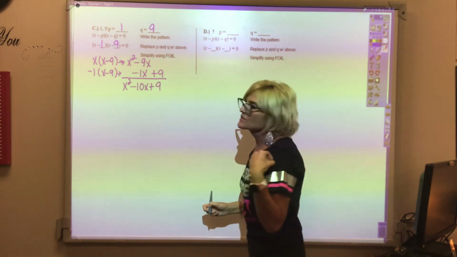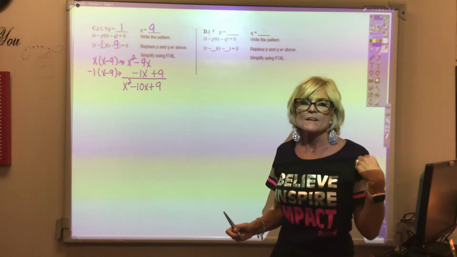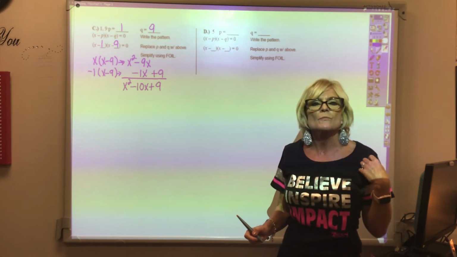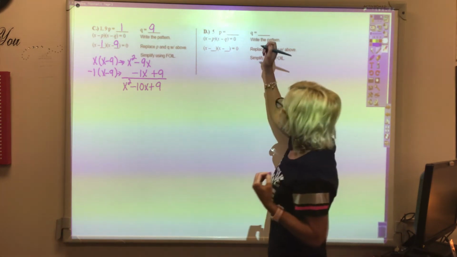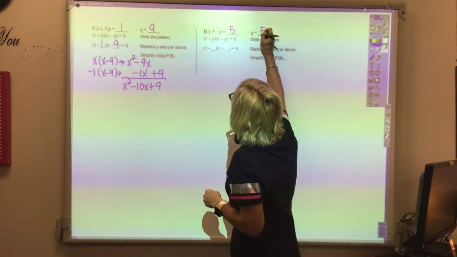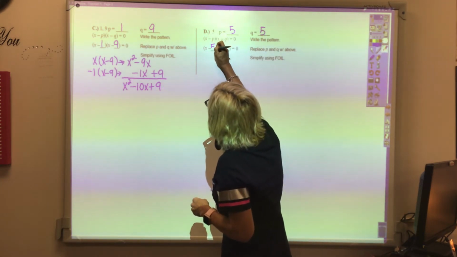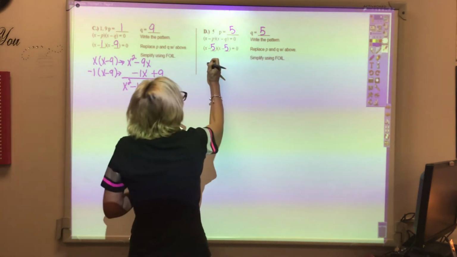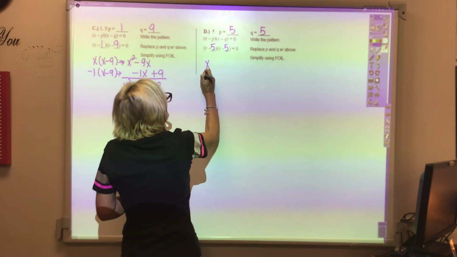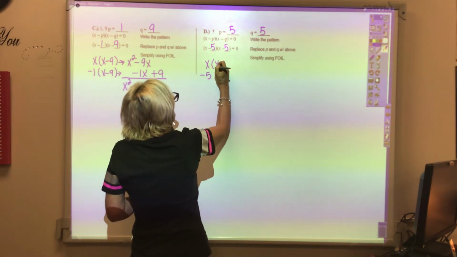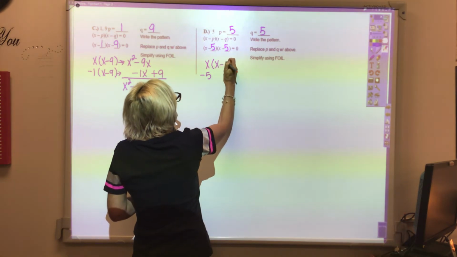Now on D, notice you just have the number 5. When you see one like that, you're going to make P and Q both that number. So P equals 5, Q equals 5. Put in a 5 where P is, put in a 5 where Q is. Write the first parenthesis vertically. Multiply both parts by the other x minus 5.